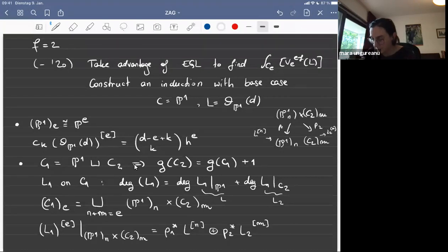L is just the restriction here, and L2 is just a restriction of L1 to C2.